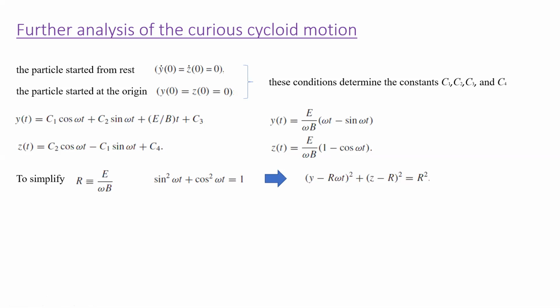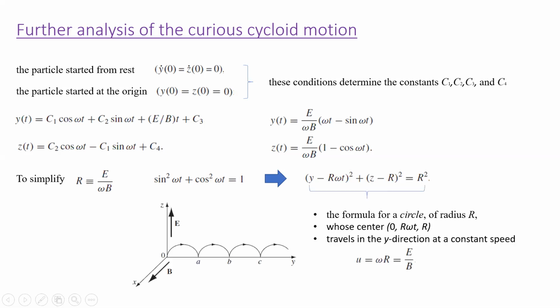This starts to look like something that we can make sense of, because it's something involving y squared plus something involving z squared is equal to r squared. And you may remember that the equation of a unit circle is, for example, y squared plus z squared equal 1. And if you subtract off a value, that just shifts the origin of the circle.